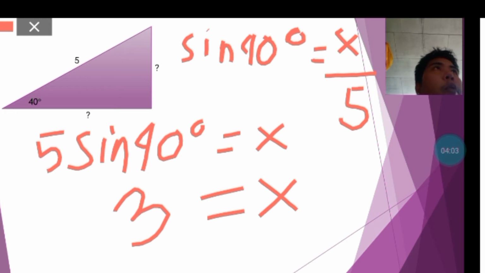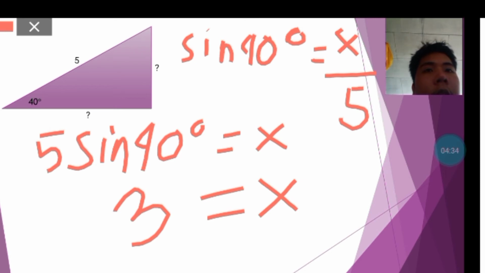Again you are going to think what trigonometric function is the best way to solve that specific side. The formula of cosine is adjacent over hypotenuse, so we can use cosine.